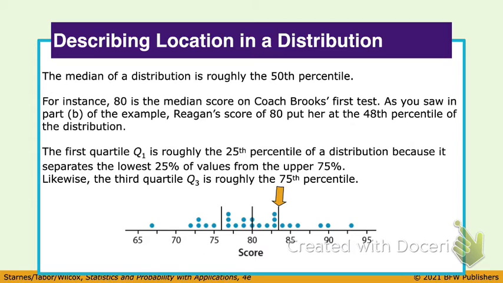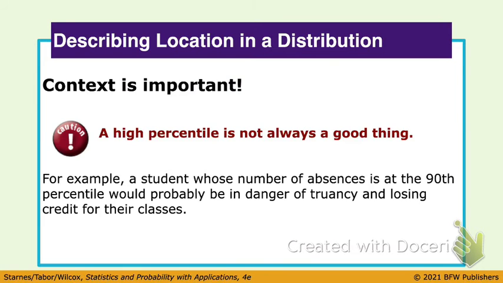Now, one thing we want to be very careful about is the context of our problem. So, for example, if we're talking about test scores, then obviously you want to have a high test score. You want to have a high percent below you. You want to be up at the top. But a high percentile is not always a good thing. So here's an example.